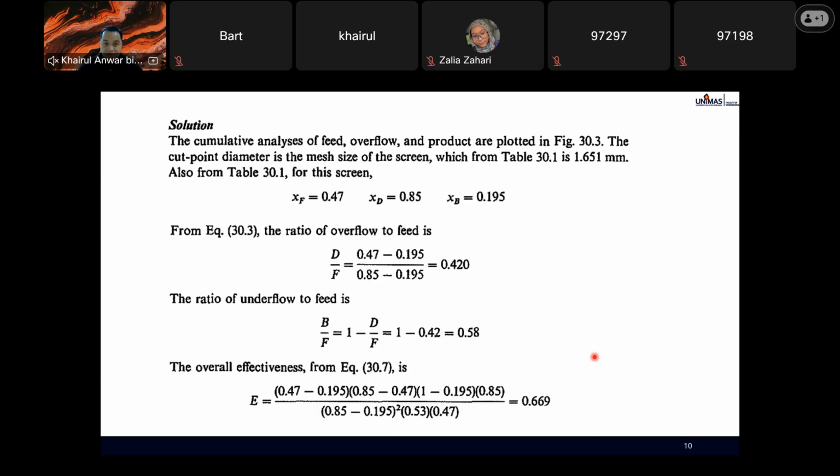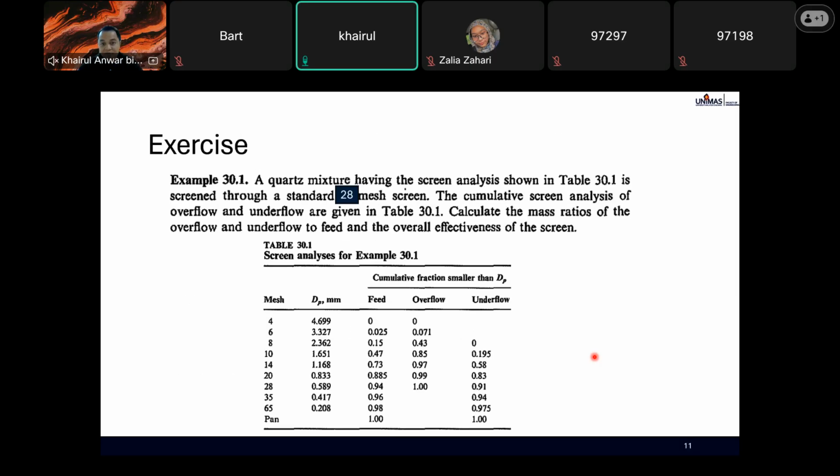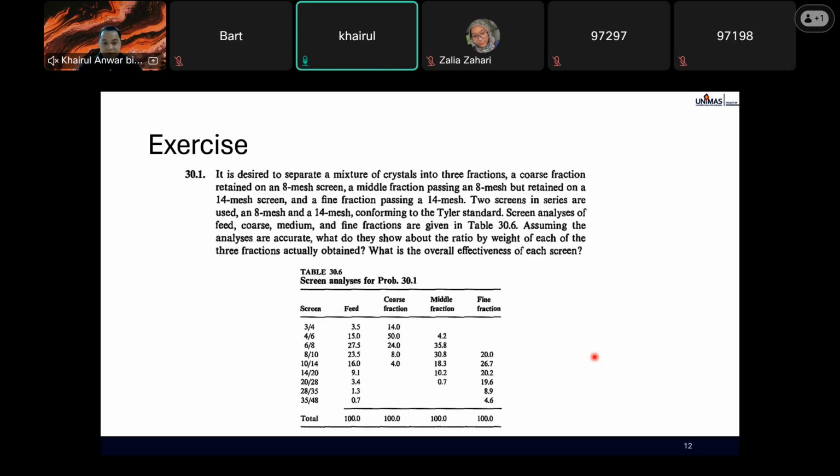We go to this one. Then the ratio of underflow to feed. Then using 30.7 to obtain the overall effectiveness of the screen. Some of the questions.